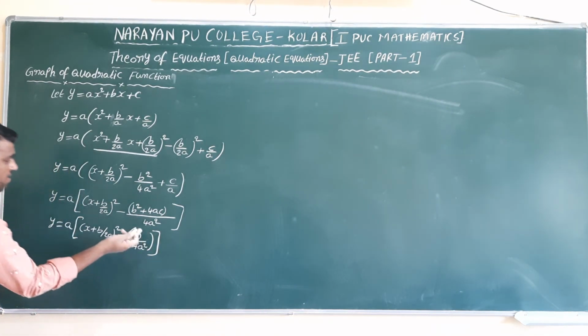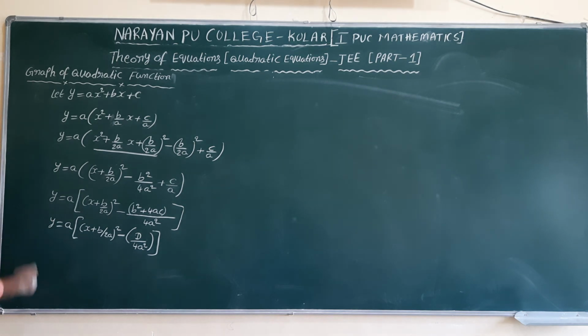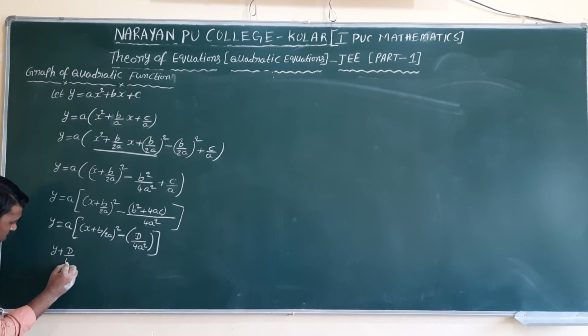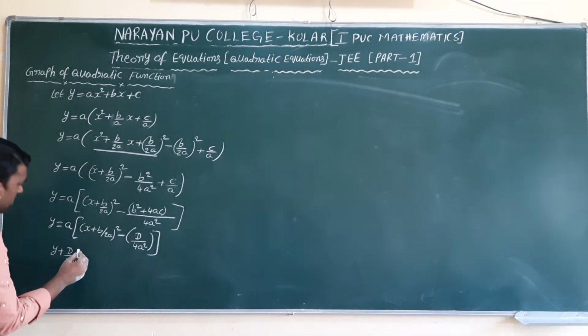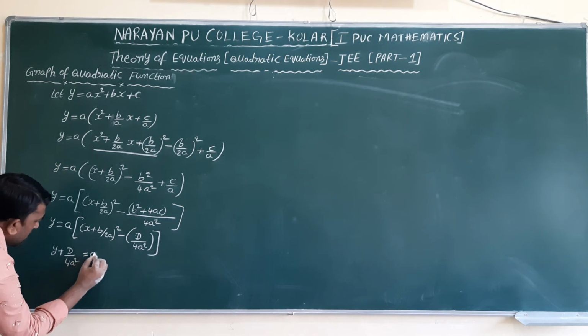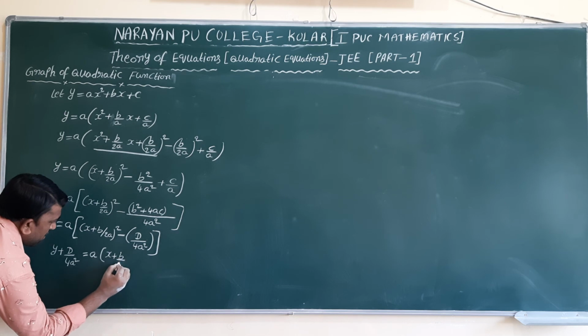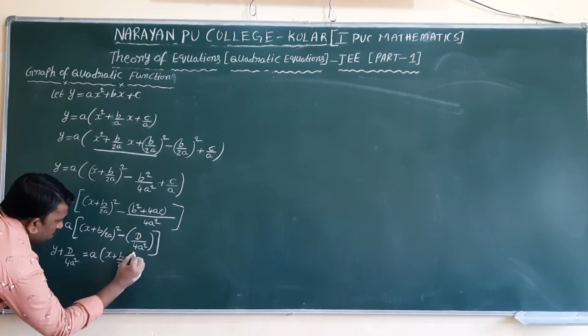This minus d by 4a square will be sent here: y plus d by 4a square is equal to a into x plus b by 2a whole square.